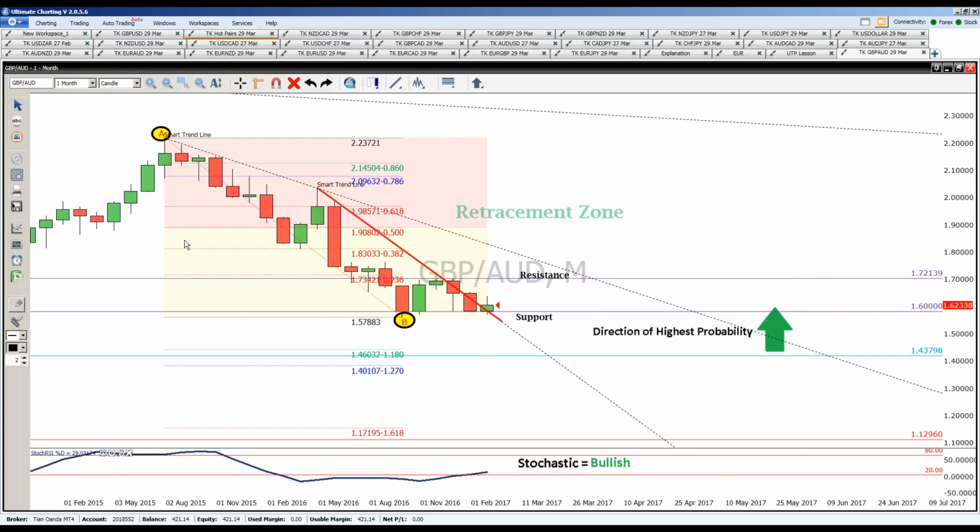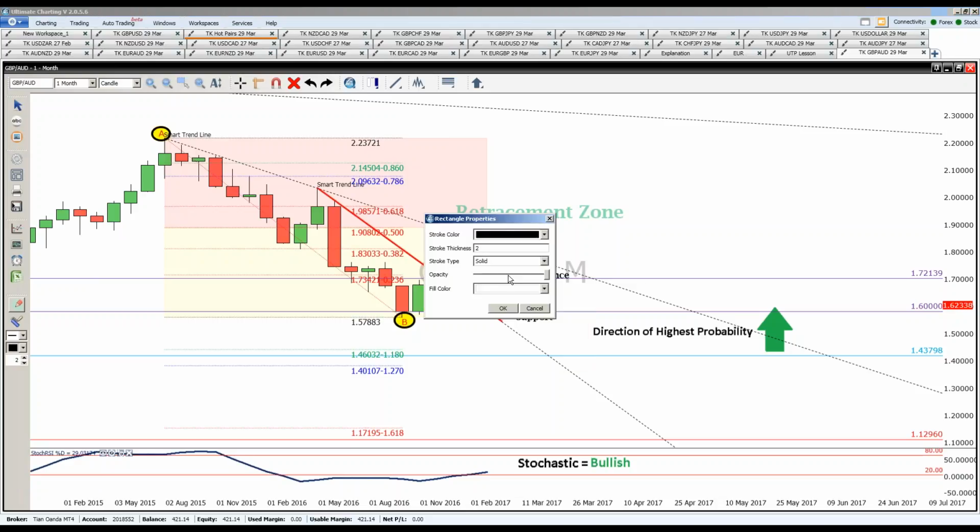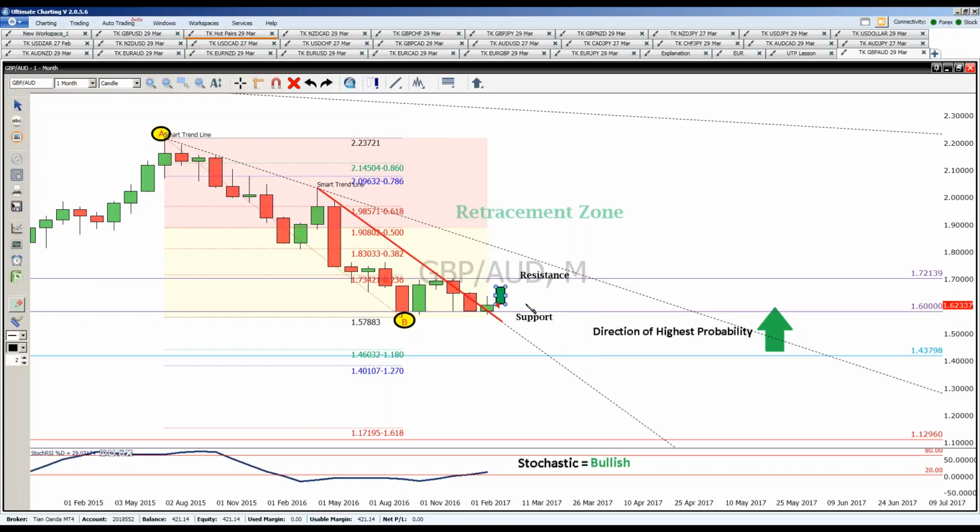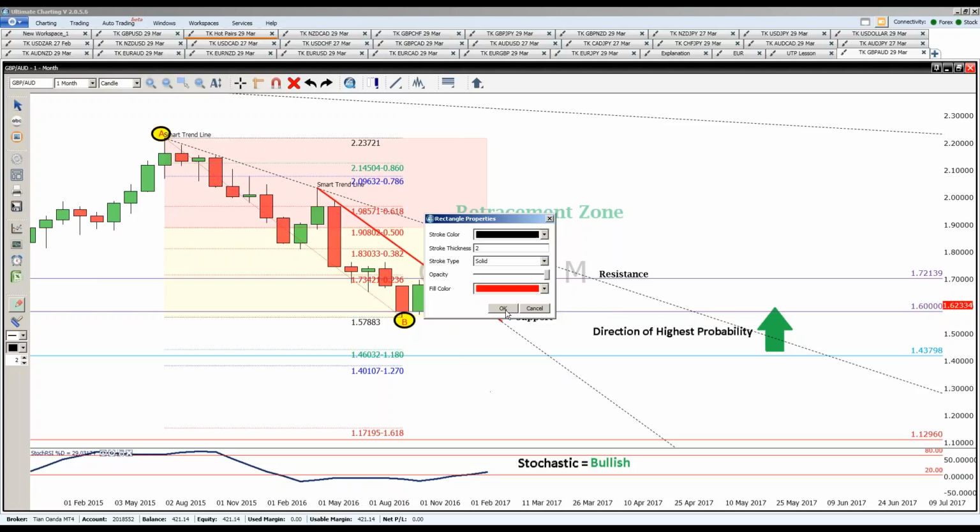It will most probably move up towards the outer trend line. It could even break the outer trend line, but it's going up until we either see a 382 or a 50, and then after that the market could bounce against the outer trend line and then start to make its move down towards the D extension.